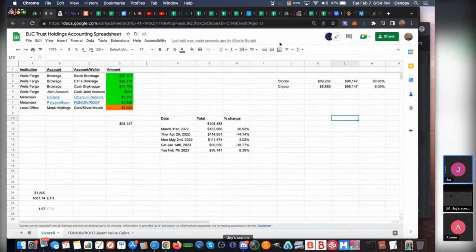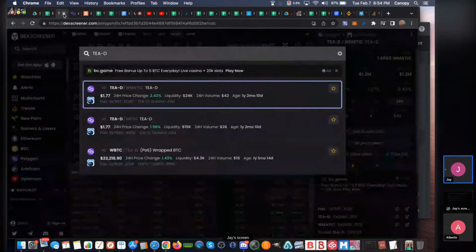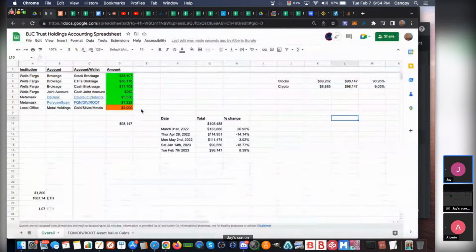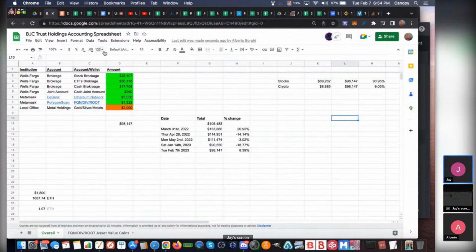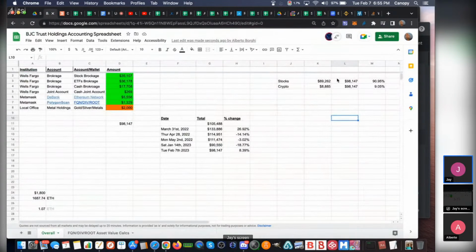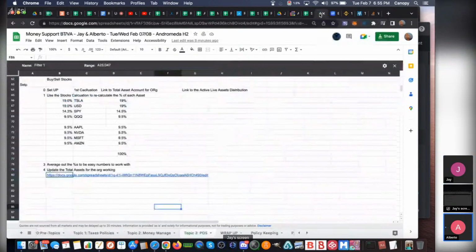All right, but anyways, it's just good to have that calculation there so that we can compare as things evolve. But either way, it's just exciting that the value went up a little bit. So now we're going to go back to our spreadsheet and take our total value, which in this case for the stocks is 89,262.